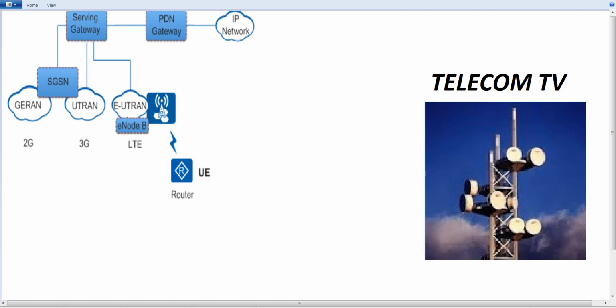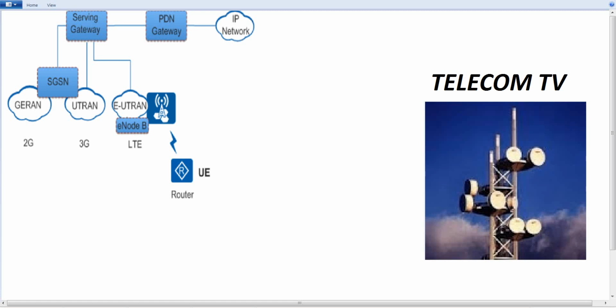Today the topic that we are going to discuss is LTE. So we are going to have a lot of discussions on LTE today. So what is basically LTE? LTE is Long-Term Evolution. It was developed by the Third Generation Partnership Project.